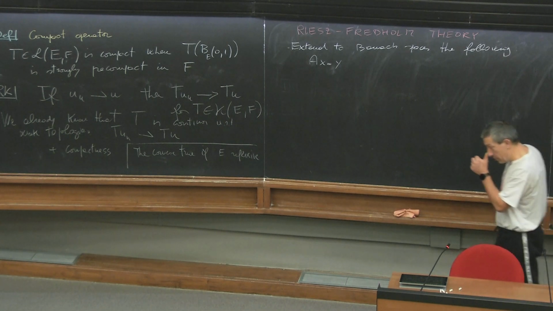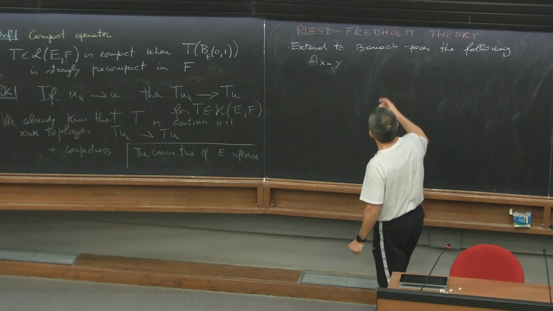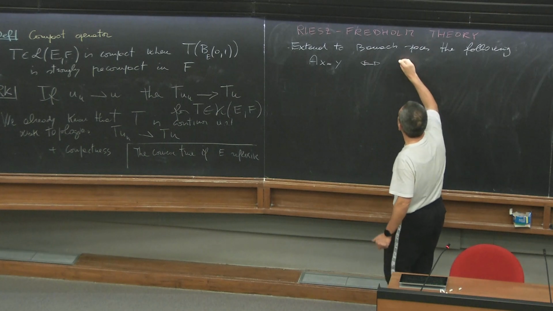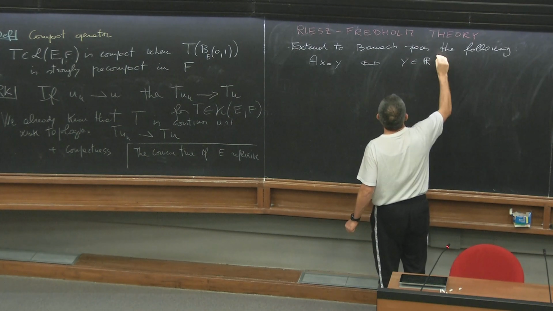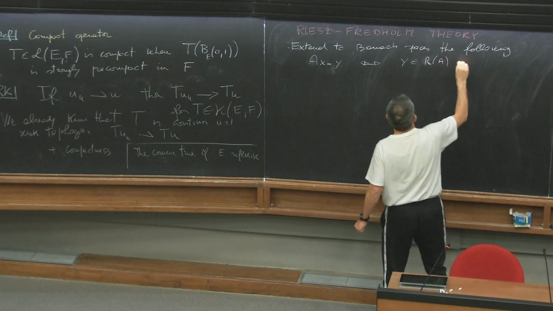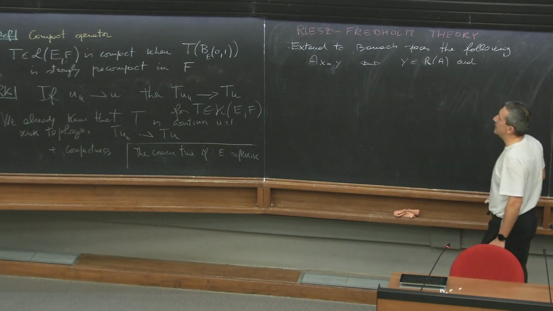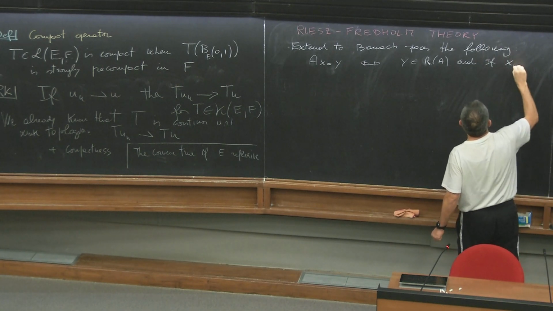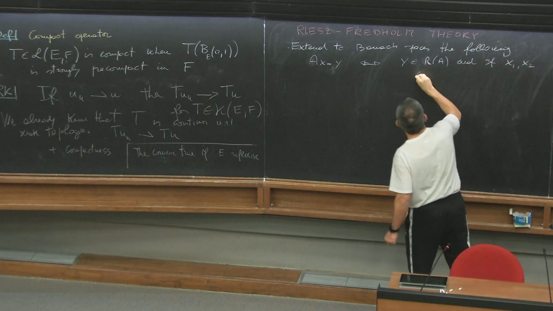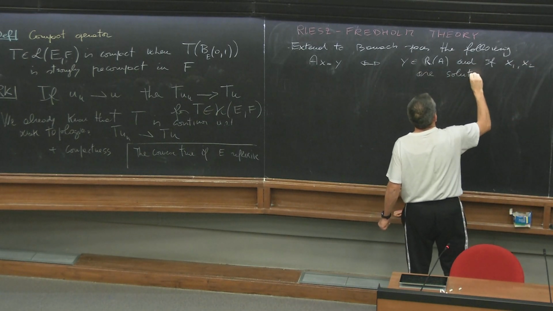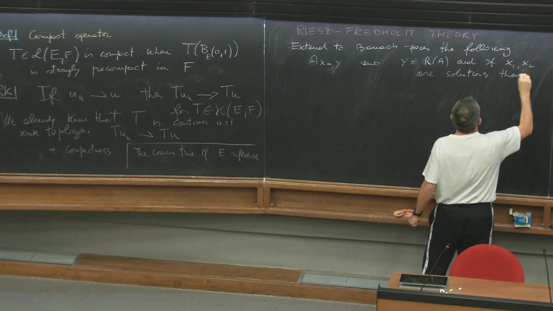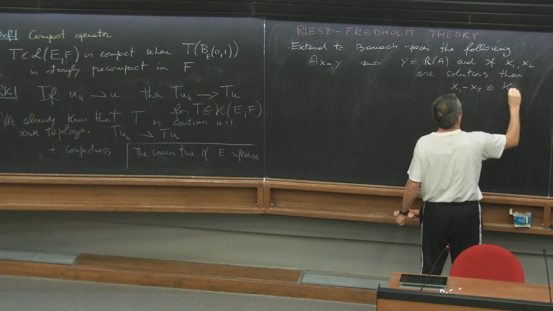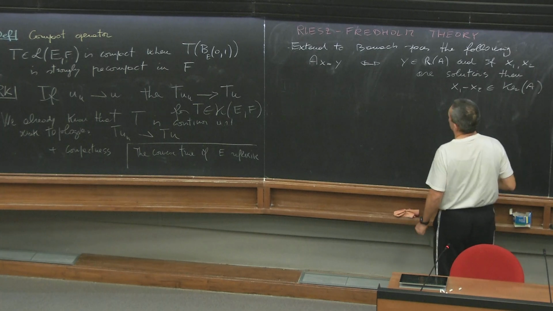Okay, so what you know is that y should be in the range of A, and if x1, x2 are solutions, then x1 minus x2 belongs to the kernel of A, since their difference is 0.